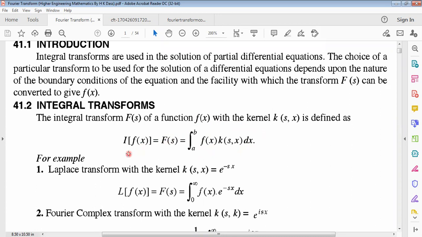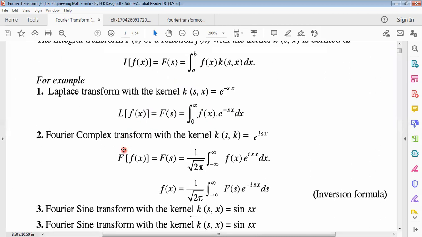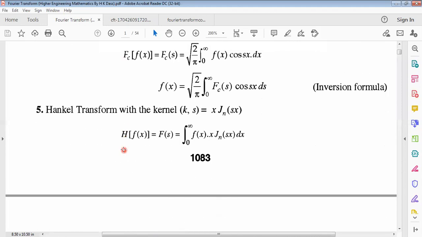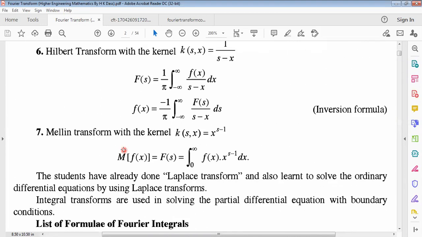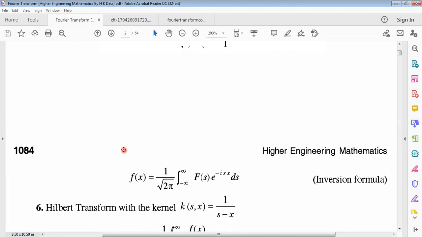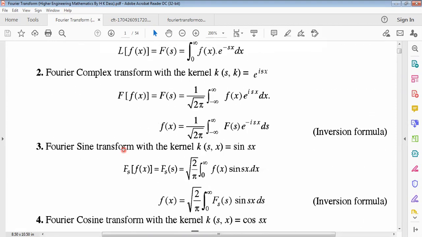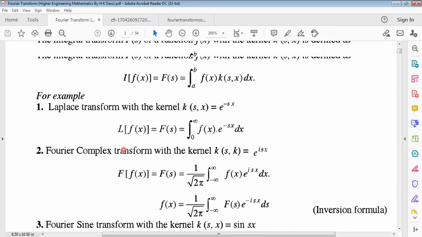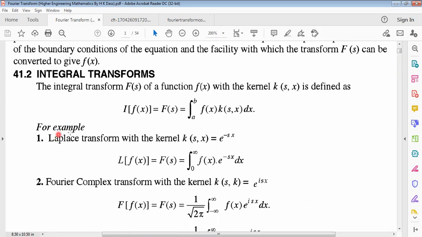There are many types of integral transform, about 7 types, and the Fourier transform is one of them. Now the Laplace transform, which you have in your syllabus.